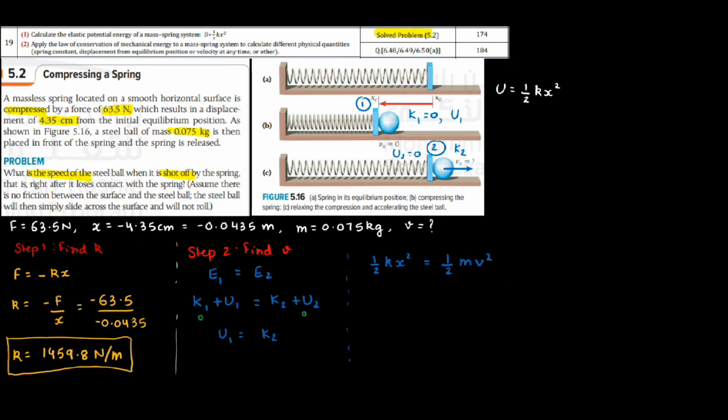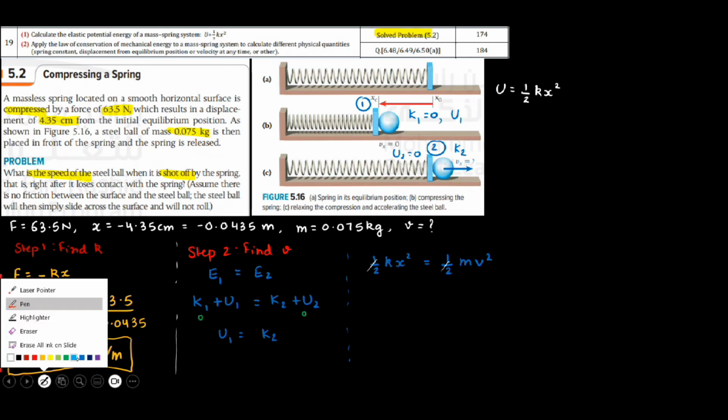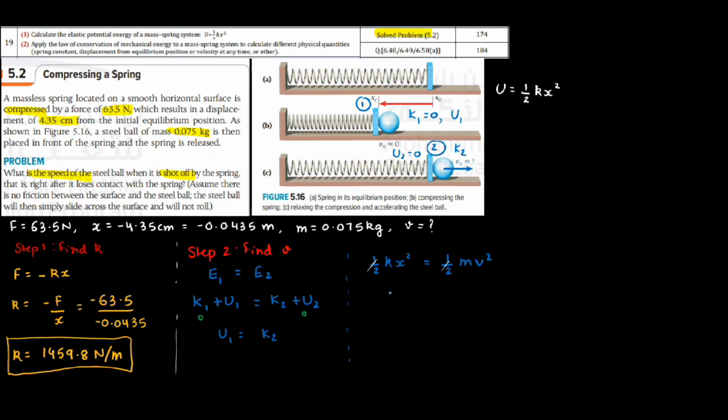Cancel off the halves here. I want to find what is v, so we rearrange the term. I write this kx squared equals mv squared. We want to find v, so divide by m, kx squared by m. Then we take the square root on both sides to find v.